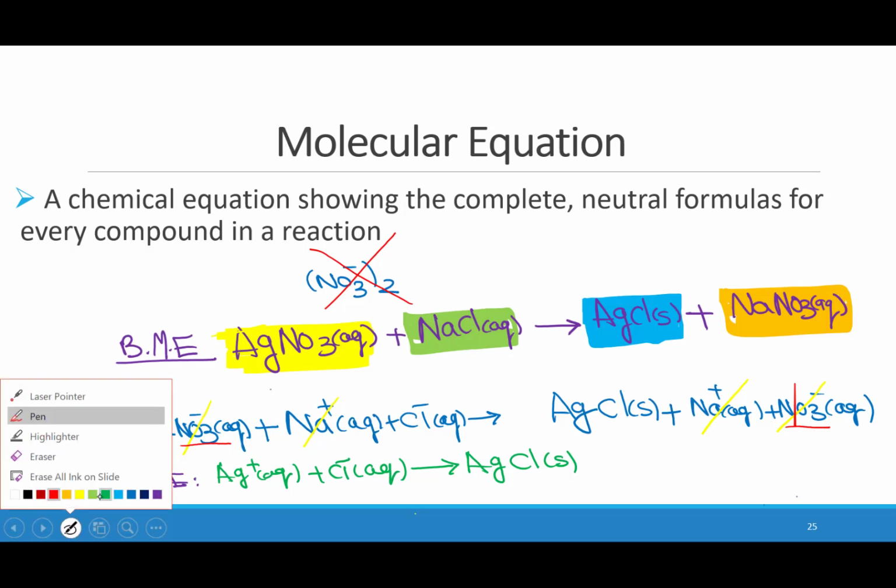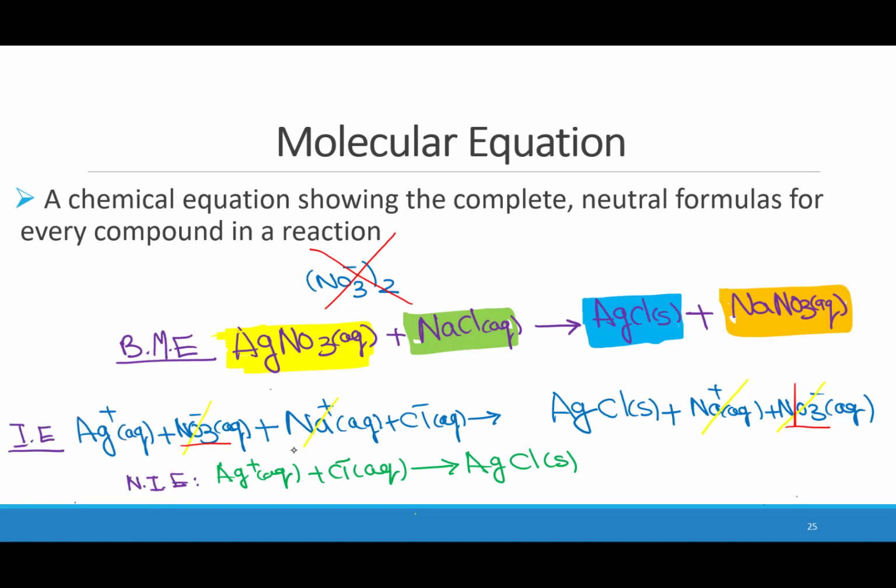Sodium ions are also repeating themselves. And these are your spectator ions, nitrate ion and sodium ion. Then whatever is left over will be your net ionic equation. This is the net ionic equation for the above reaction.